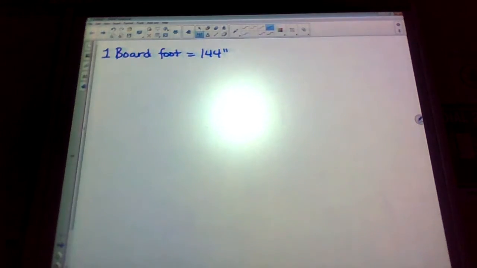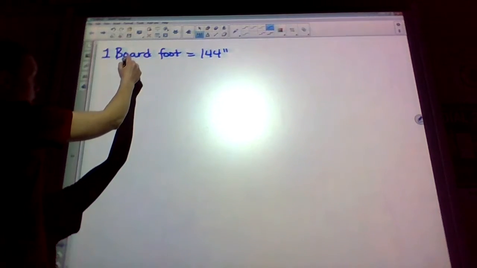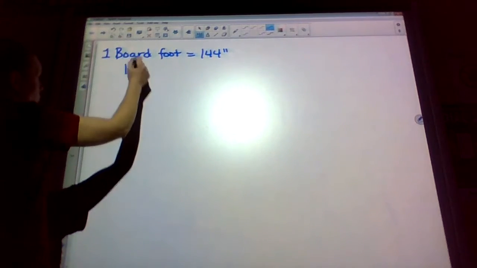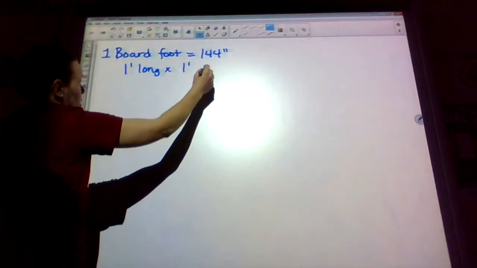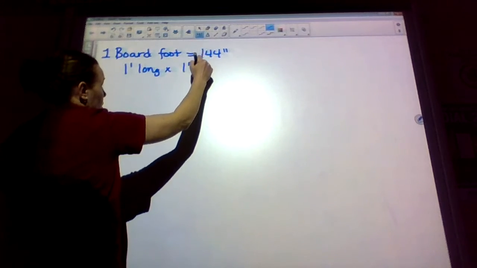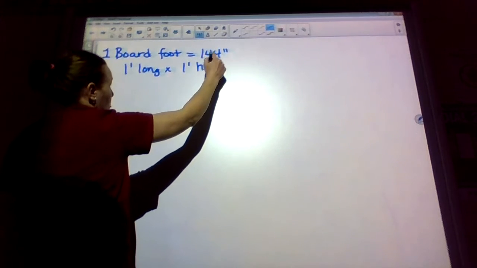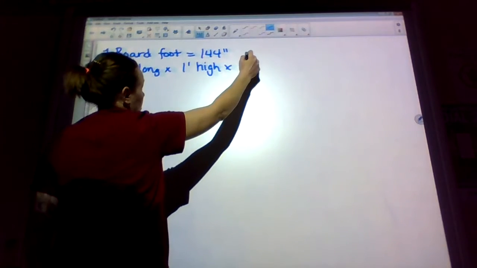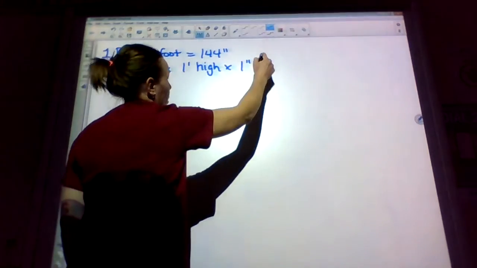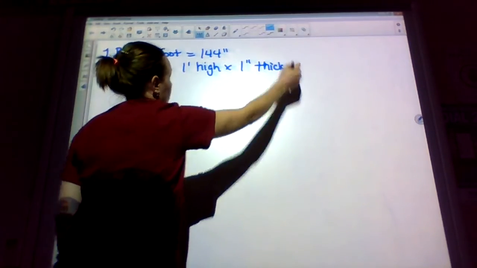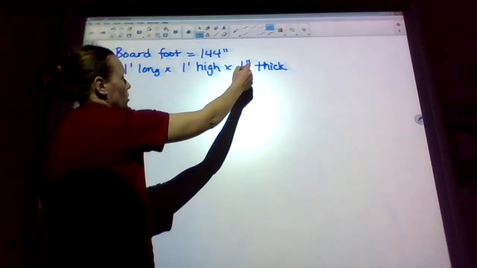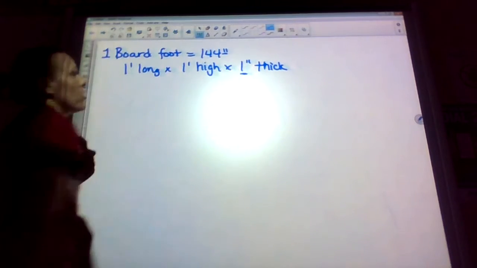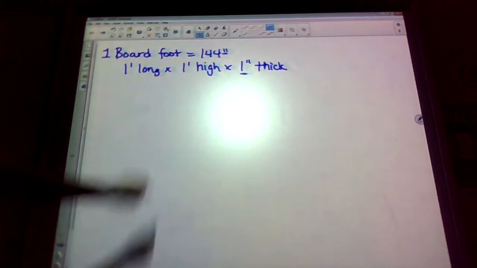The definition of a board foot is 1 foot long by 1 foot wide by 1 inch thick. So it's length times width times height. Notice how it's 1 inch here, so our final answer is all in inches. These have to be converted into inches.